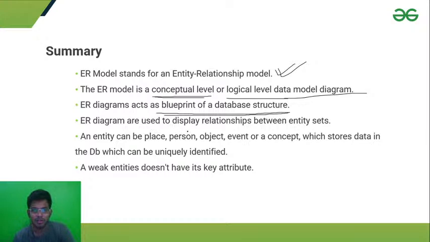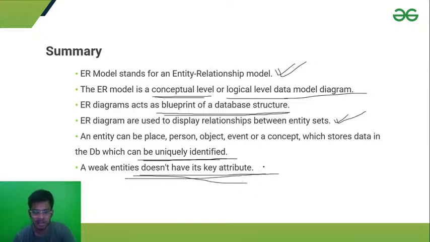It is used to display relationships between two or more entities. An entity can be a person, a place, an object, of physical or conceptual existence, which can be uniquely identified. And weak entities do not have their own key attribute, which means they cannot be differentiated among others.